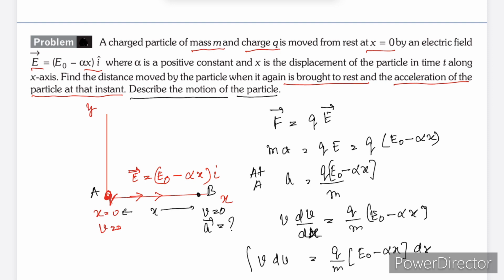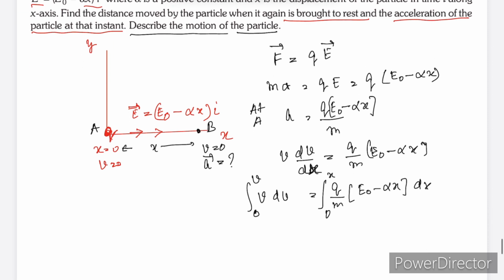Now we can integrate it. When x is 0, our velocity is 0. Suppose when x is x, velocity is v.